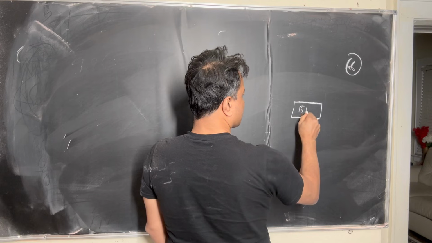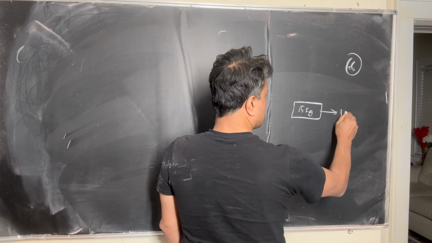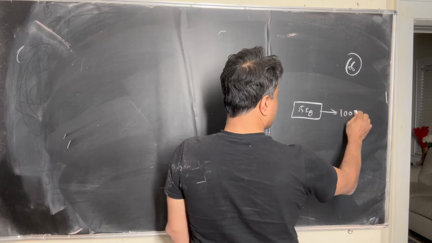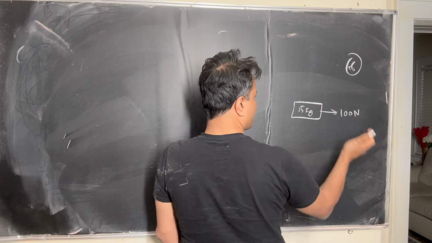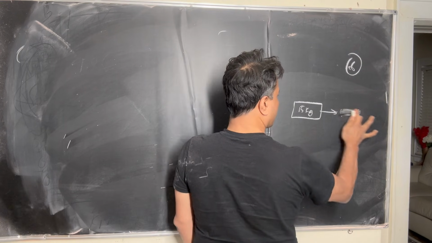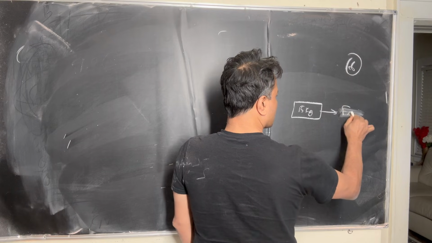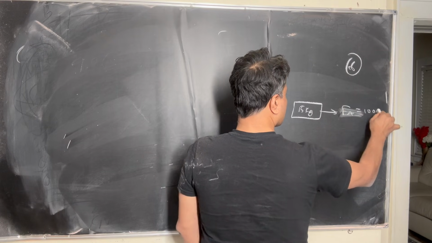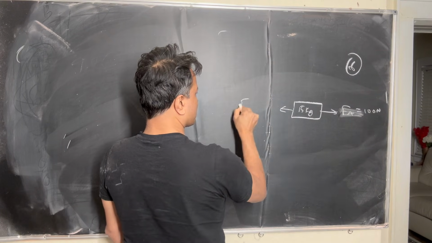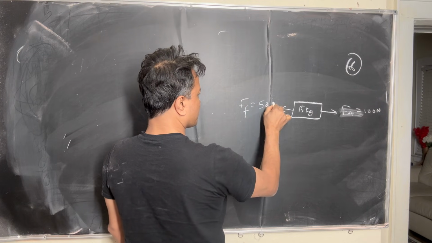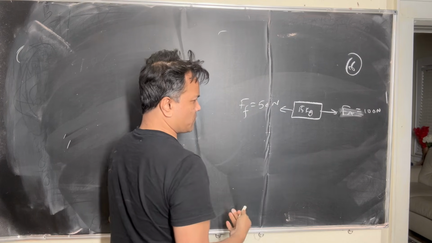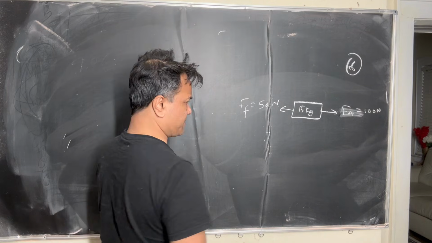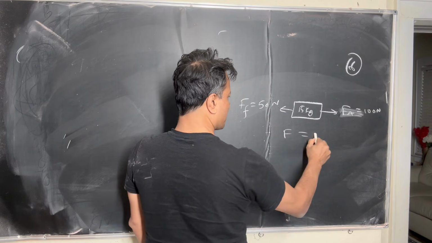15 kilogram object, 100 Newton net applied force. I should write applied force. And then the force of friction is 50 Newton. What we need to know is the acceleration. So F is equal to ma.